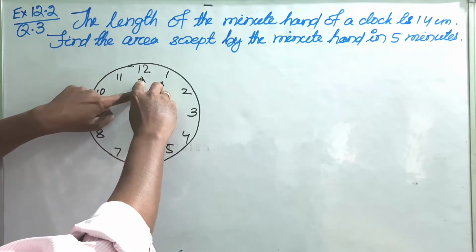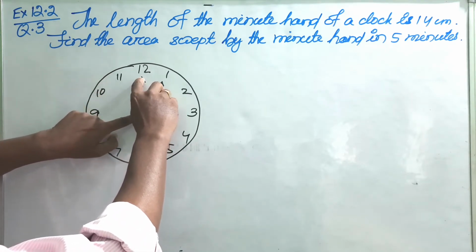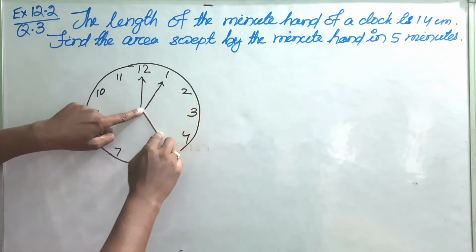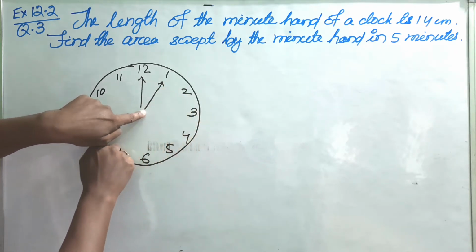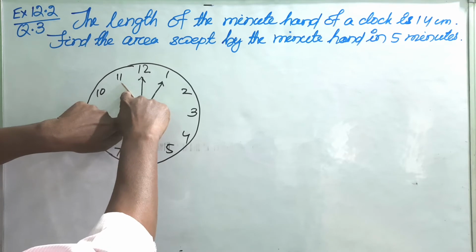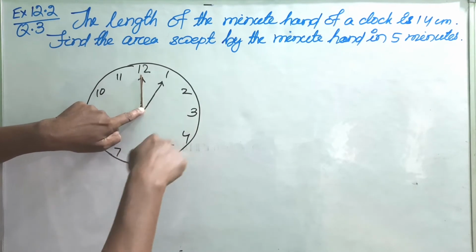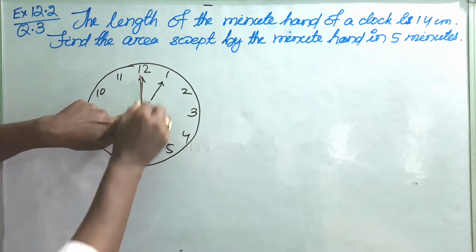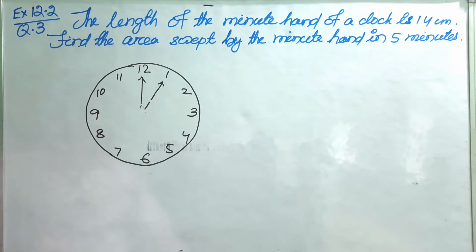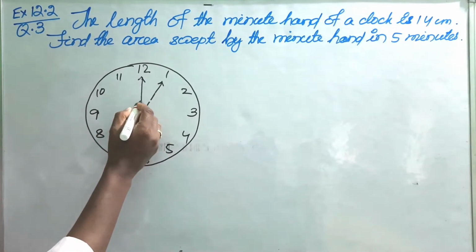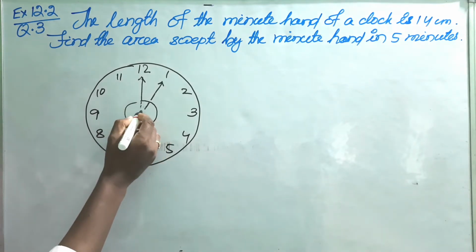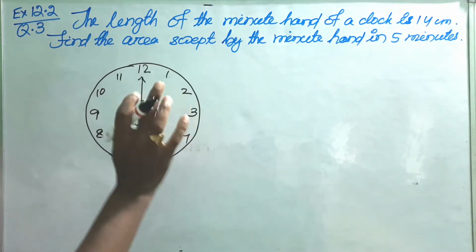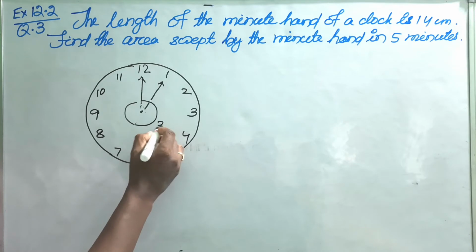Now let me rotate it like this. When this stick makes one complete rotation, how much angle does it create at the center? So obviously it is 360 degree.